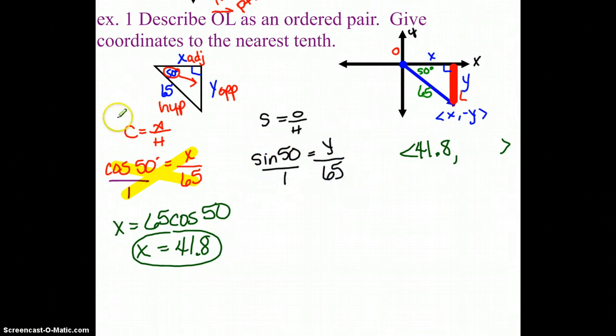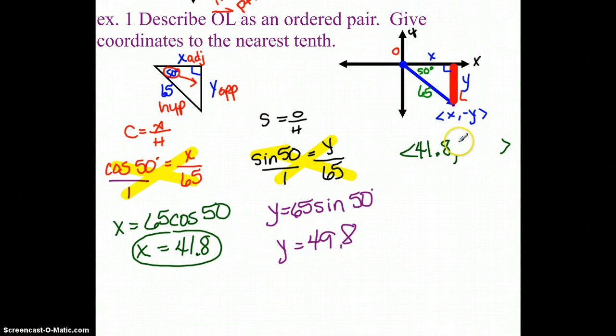And again, I'm going to cross multiply. So y equals 65 times the sine of 50. So 65 times the sine of 50. Again, I only want to go one decimal place, so it's 49.79, and so on.